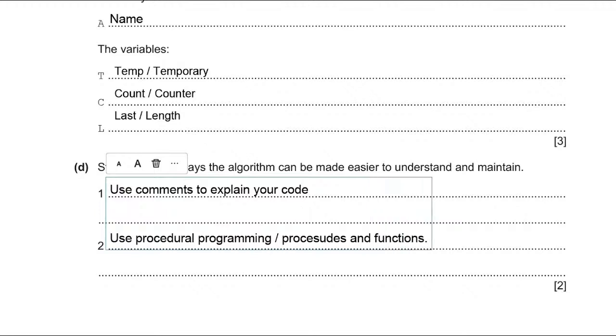You can write it in two ways. Use procedural programming or procedures and functions. And now there is another thing which is sometimes written in mark scheme, use of white space or indentation. Proper use of indentation or white space. If you cannot remember procedural programming or the use of procedures and functions, you can write this as well.